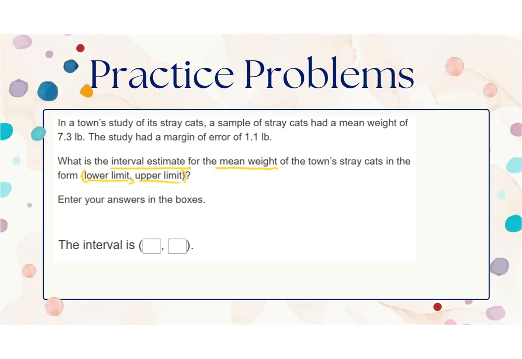We're going to take our point estimate, which is 7.3, and our margin of error, and we're going to add 1.1 and then subtract 1.1 to find the interval. When I do that, I get 6.2 for my lower and 8.4 for my higher.